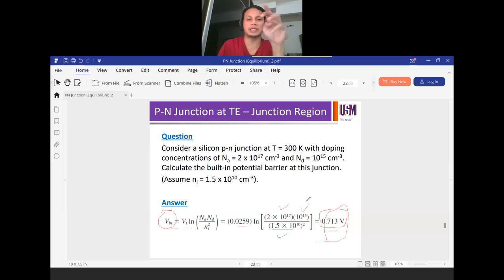Remember the PN junction punya Venn diagram drawing? So at the bottom there, you can label your qVBI barrier height, and that barrier height will be given by q times this voltage. So that will be the barrier height that is stopping your electrons and holes from further diffusion. Okay, so this is the barrier height that stops your electrons and holes from further diffusion.